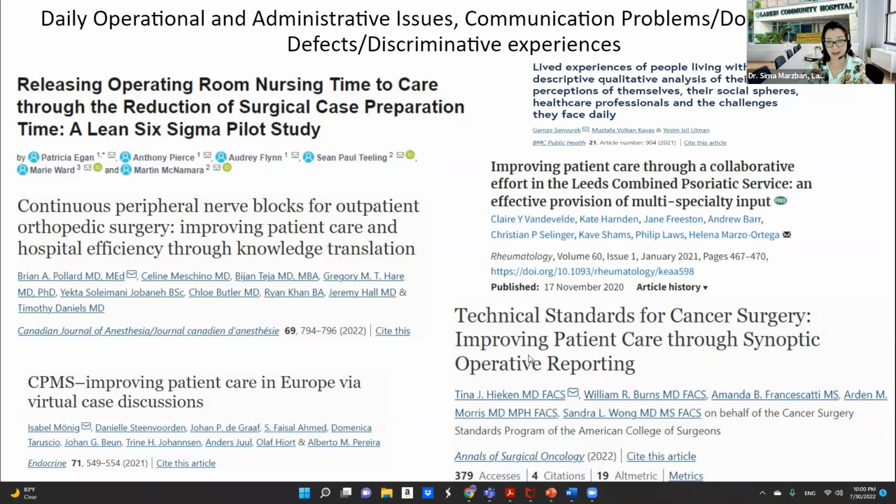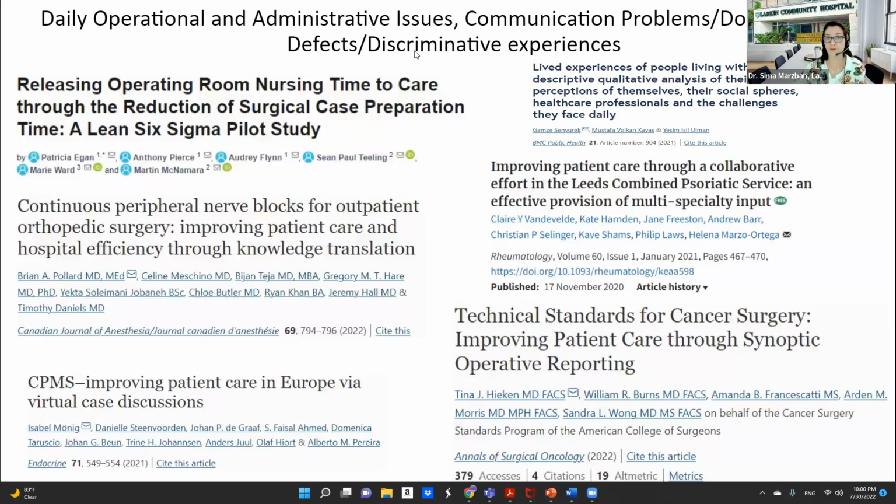Improving patient care through synoptic operative reporting. Again, that's a solution for a recognized and identified issue within clinical practices.